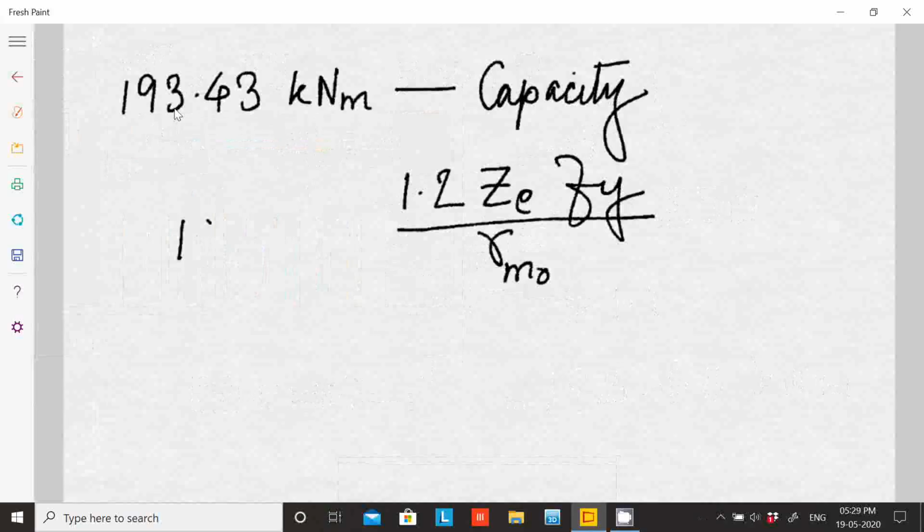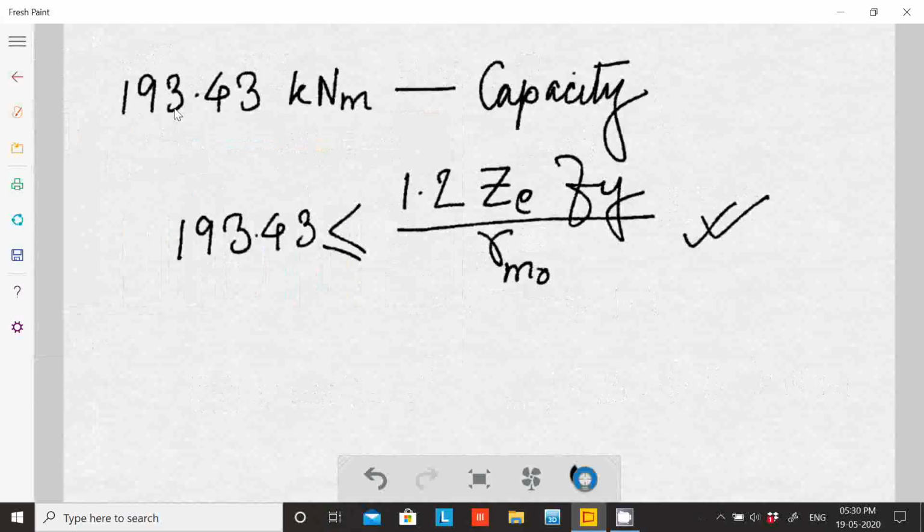That means this 193.43 should be less than the value, or equal also, it is fine. So we have to do this additional check also. So let us do it.